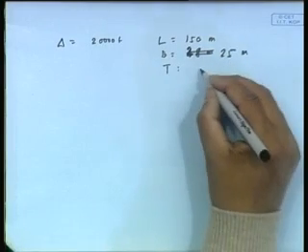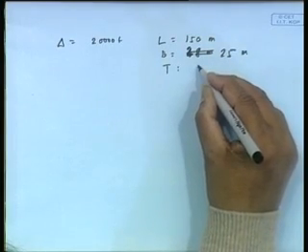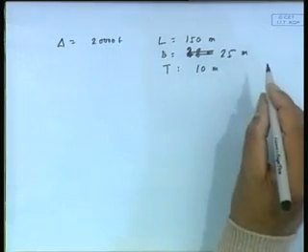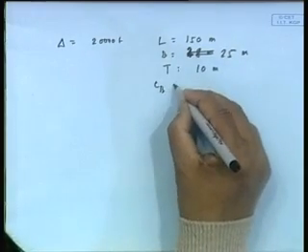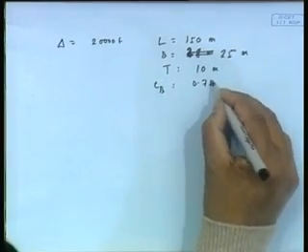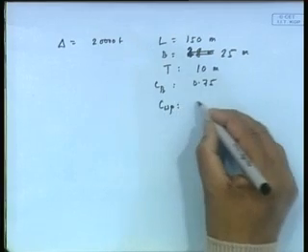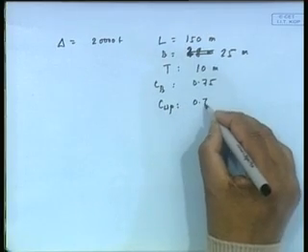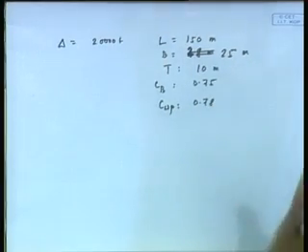T of 10 meter, CB of 0.75, CWP of 0.78. Say these are all given to you.